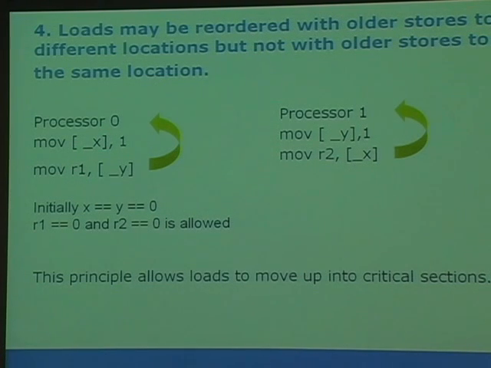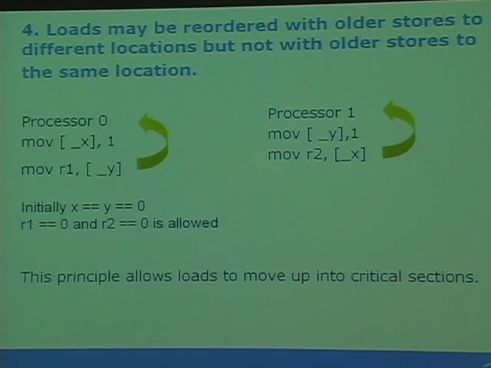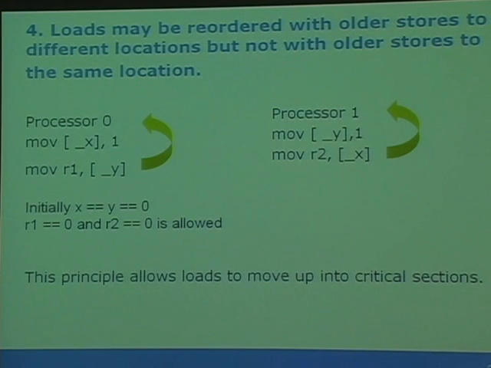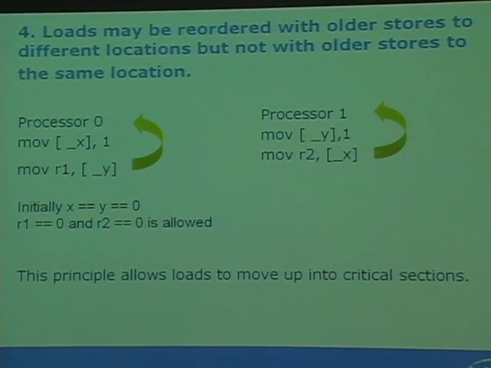Now, we do allow loads to be reordered with older stores to different locations, I apologize, but not to the same location, right? So one can see, in this case, if we're allowing these two loads to be reordered above the two writes, then obviously they can both see 0.